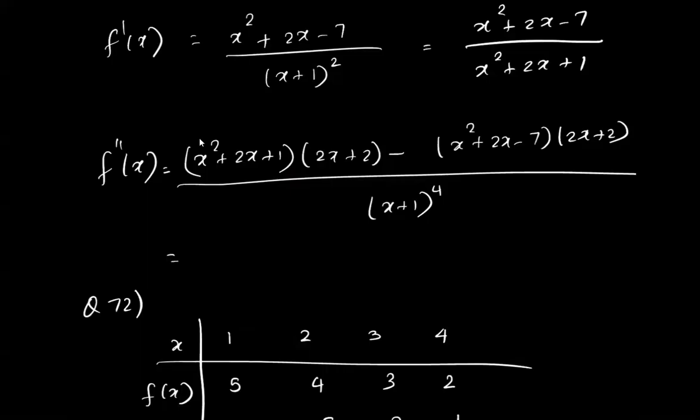So I have, oh my god, this is too much, right? Wait a minute. 2x plus 2 is a common factor. So that means I can take it out. So x squared plus 2x plus 1 minus, okay, this becomes plus 7, so this will become 8.